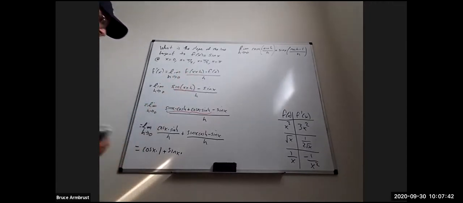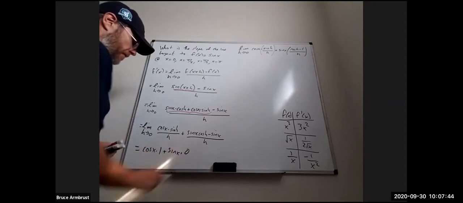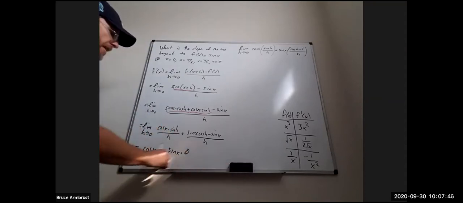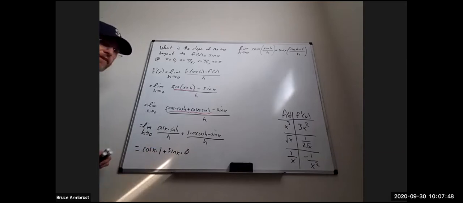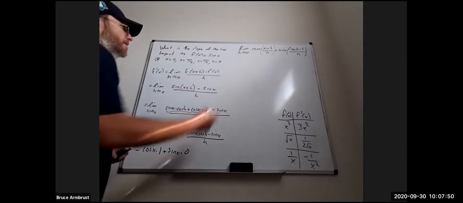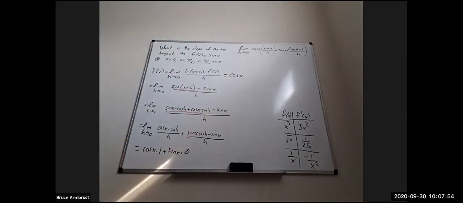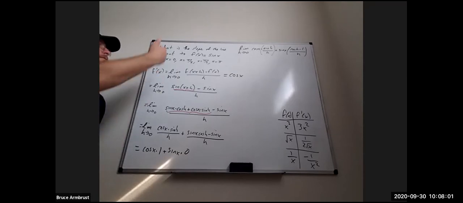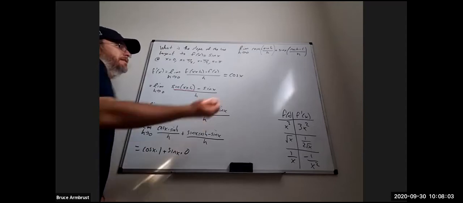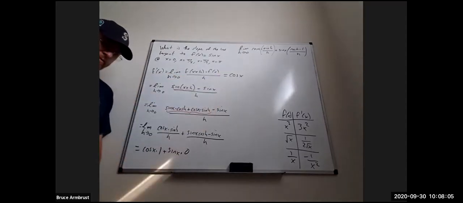So we're left with cosine of x times 1 plus sine of x times 0. Well, that's just cosine of x. So the derivative of sine of x is cosine of x.